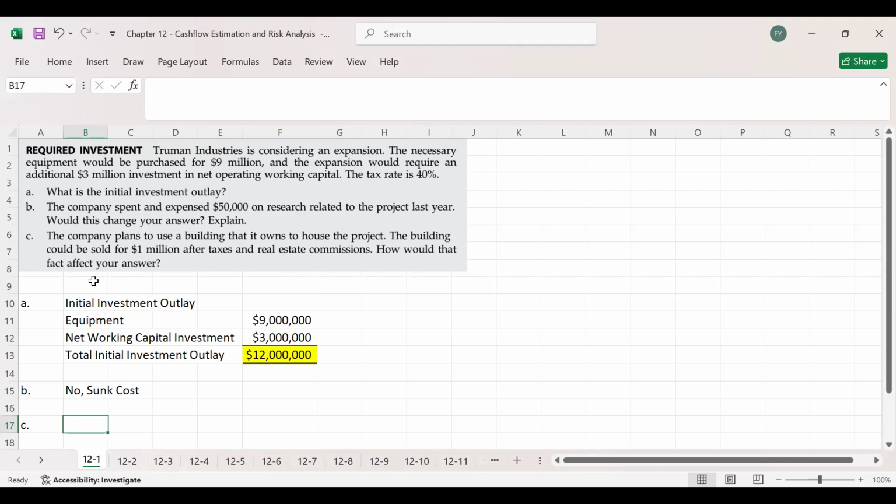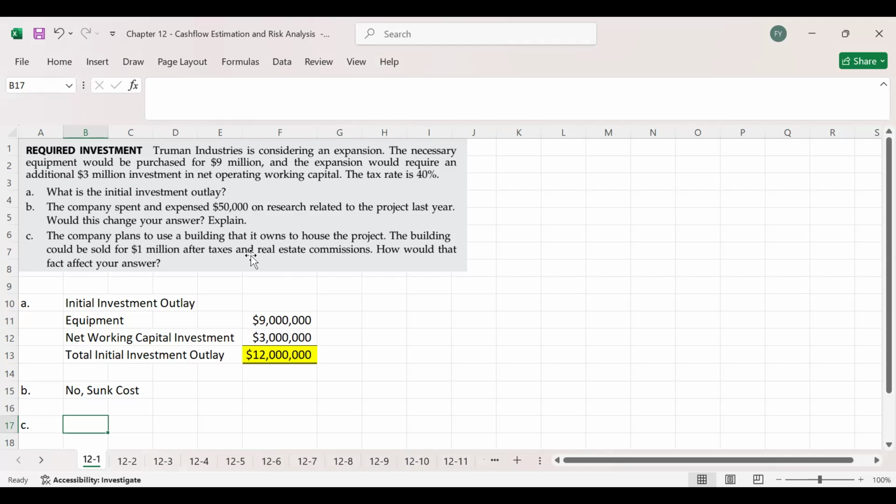How would that affect your answer? Now we have two alternatives: this building can be used in this project, or it can be sold to get $1 million after tax. So we have two different alternatives for this asset.